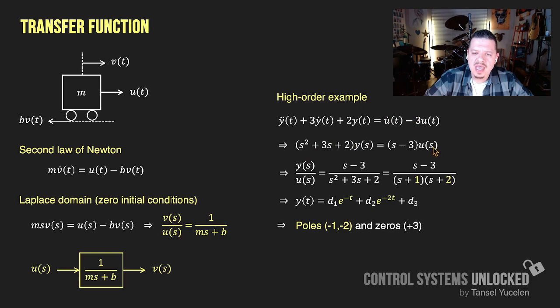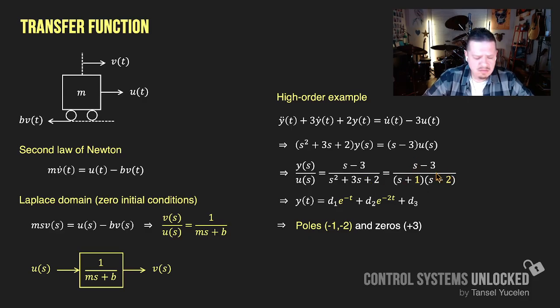Basically this is what you get. You are grouping the terms depending on your output, in this case y, and the input on the other side. Then outputs divided by inputs: y over u equals s minus 3 divided by s to the power of 2 plus 3s plus 2. You get this. You can also write it like this.